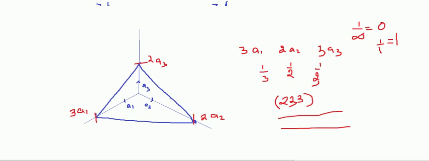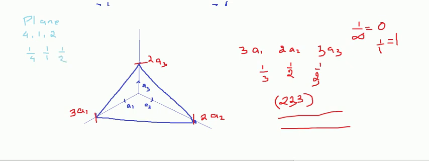Another example. Okay, I'm not drawing the diagram. So consider a plane. There is a certain plane, and the plane intercepts the 3 axes, and say the points of intercept are 4, 1 and 2. Now if you are asked to find the Miller indices, what will you do? Take the reciprocal: 1 by 4, 1 by 1, 1 by 2.